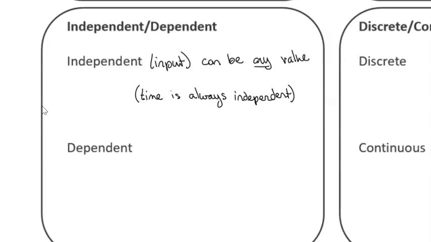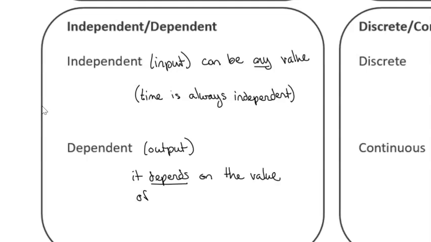All right, now dependent is the output, and it depends on the value of the input, which happens to be the independent variable. Okay, so pause and write that down. Make sure your name's on this graphic organizer, and we will continue to fill it out as we go.